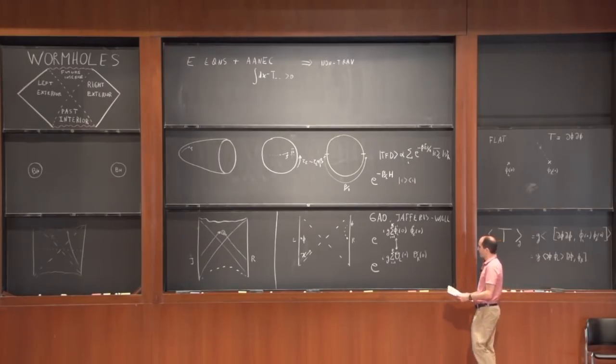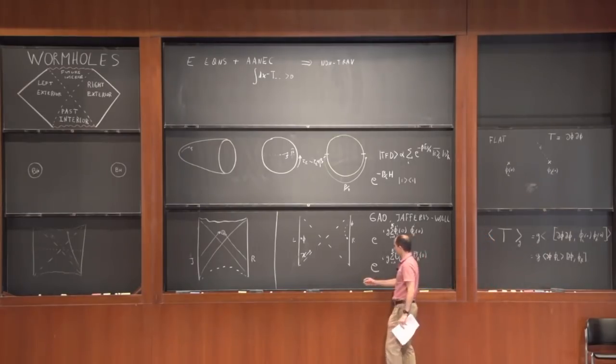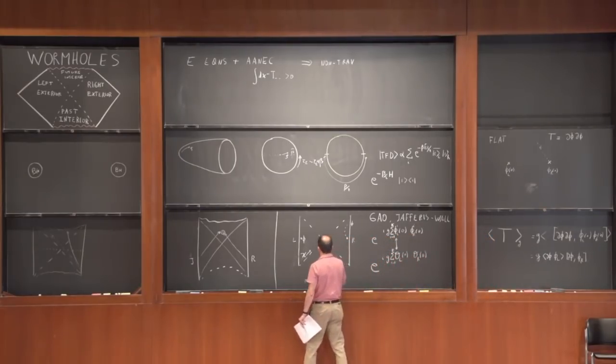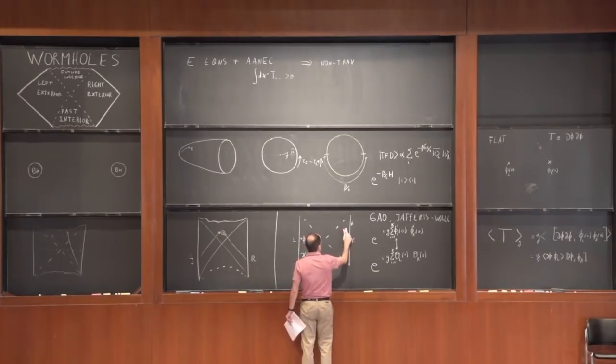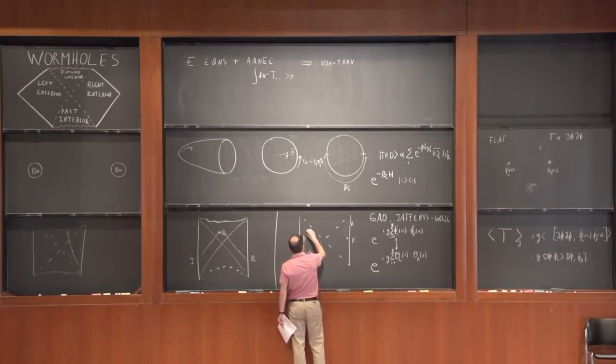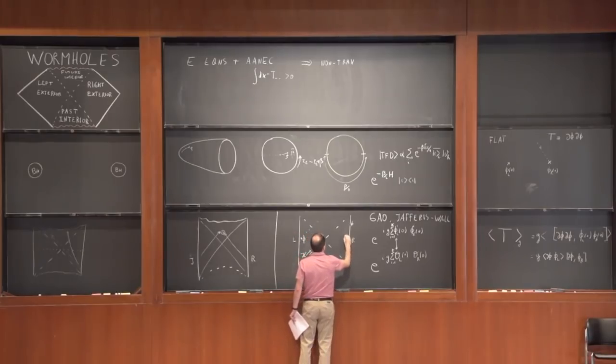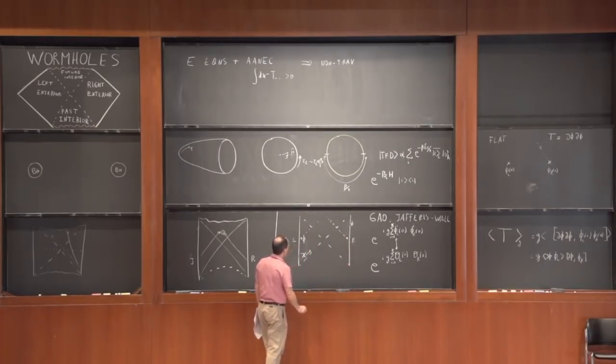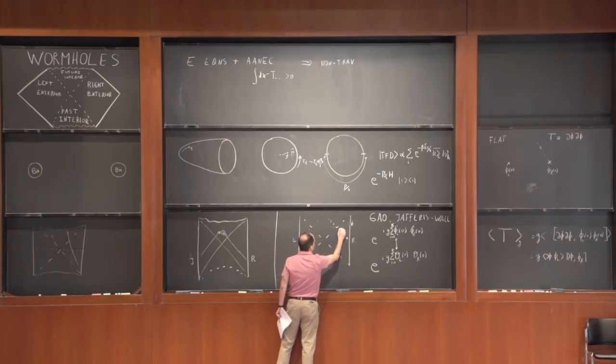Okay, so now we arrange this interaction so that we have a negative energy pulse that goes into the black hole. So we have some negative energy. And then this particle comes in here.